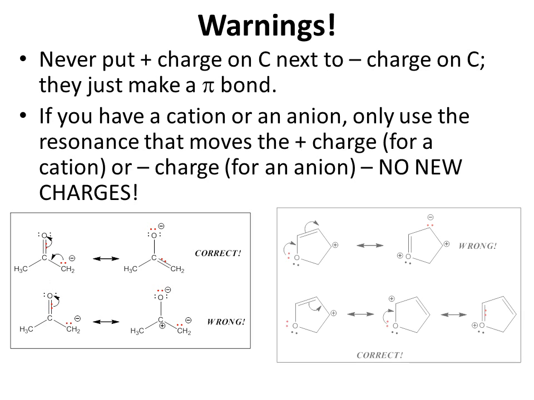In the cation example, you're never supposed to take that lone pair on that oxygen and do lone pair to pi resonance, because if you do that, you'll have a negative charge next to the carbon, which is wrong.